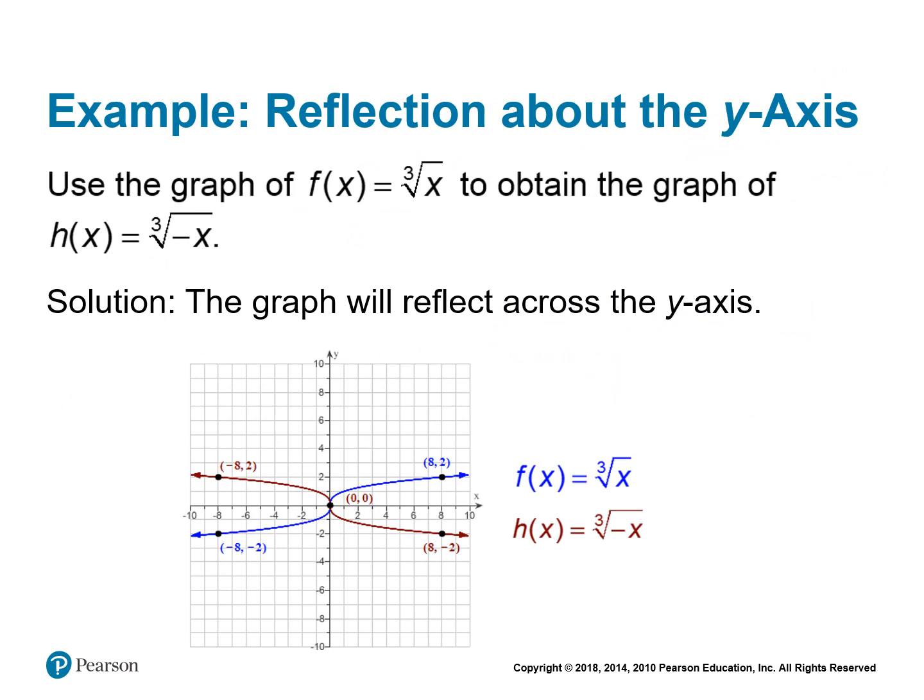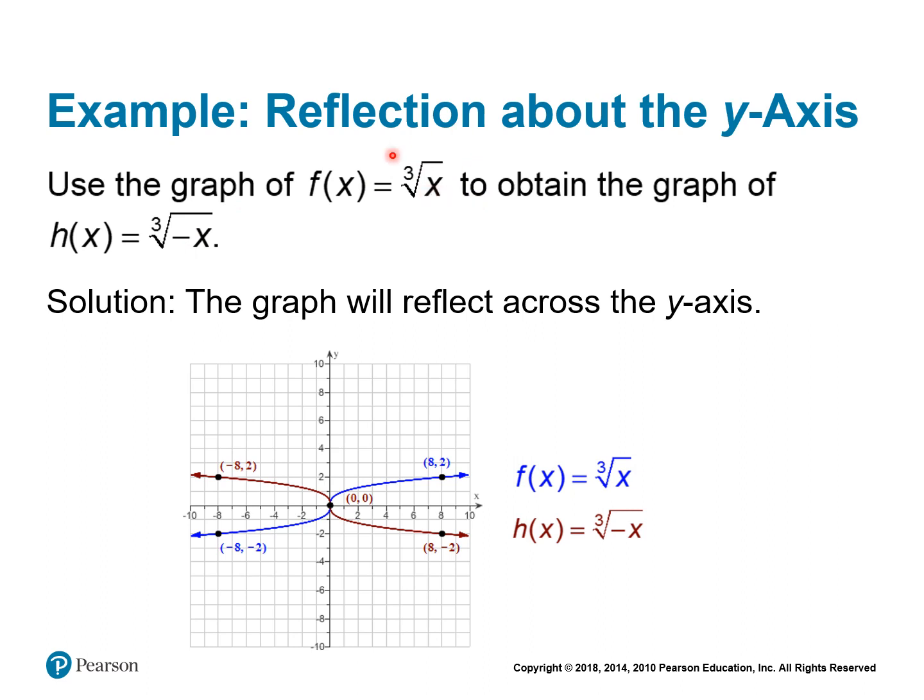Let's go through an example of reflection about the y-axis. The question is, use the graph of f of x equals cube root of x to obtain the graph of h of x equals cube root of negative x.